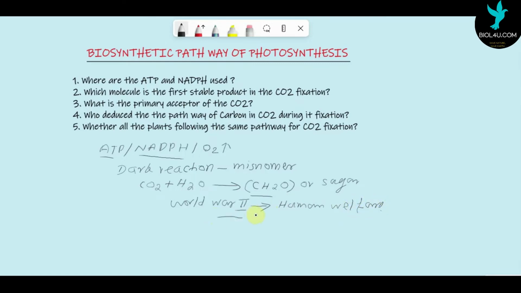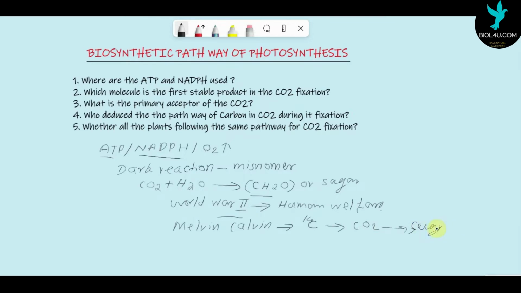During this period, Melvin Calvin, a scientist, very effectively and practically used the radioactive isotope carbon-14 to find out the pathway of the carbon in carbon dioxide during the fixation of carbon dioxide to produce a carbohydrate or sugar.